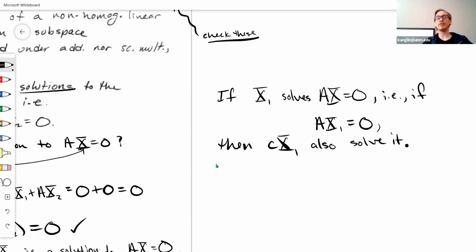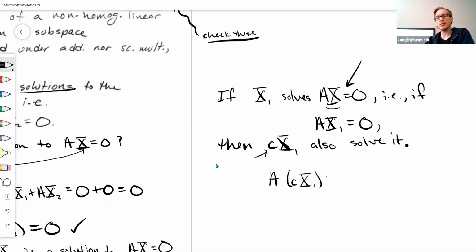If so, we know the set of solutions to this homogeneous system is closed under scalar multiplication. So we test this. Again, I'm going to plug in for the x in this equation. I'll plug in c times x1, where I'm not specifying what c is. C can be any scalar. That's important. It has to be left general. Right? So we're asking, does this satisfy the original equation? When we plug it in for x, do we get a true statement out?